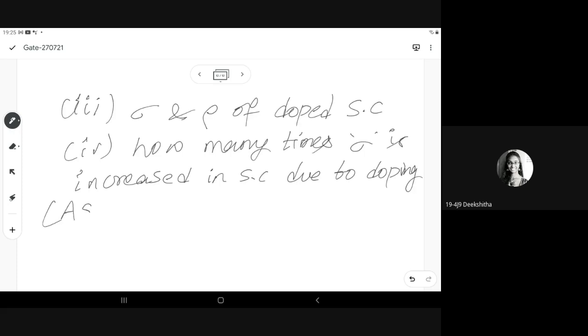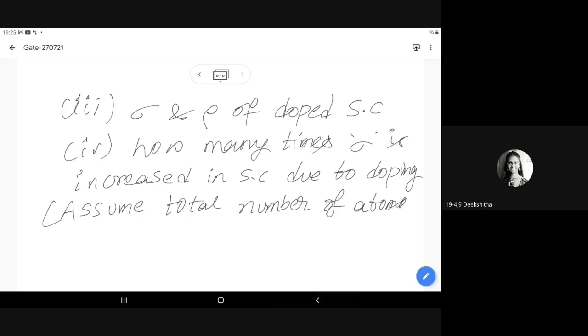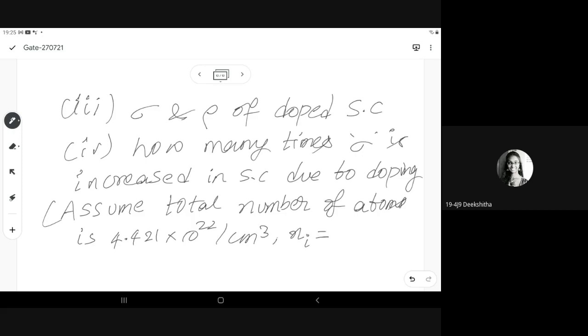In the brackets they have given: assume the total number of atoms is 4.421 into 10 power 22 per centimeter cube, that means atoms per centimeter cube, and intrinsic concentration Ni is equal to 2.5 into 10 power 13 atoms per centimeter cube.